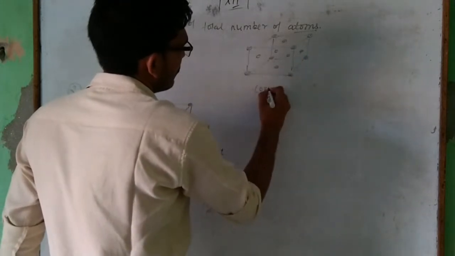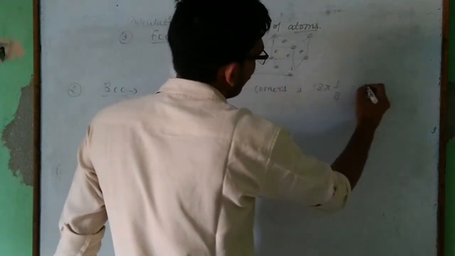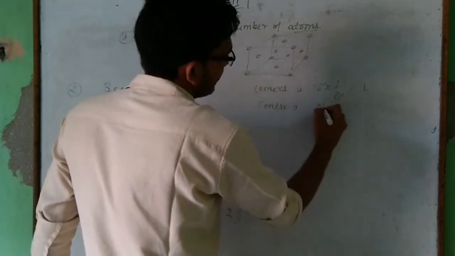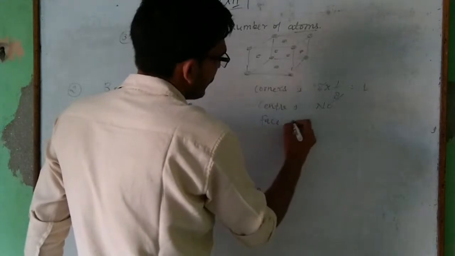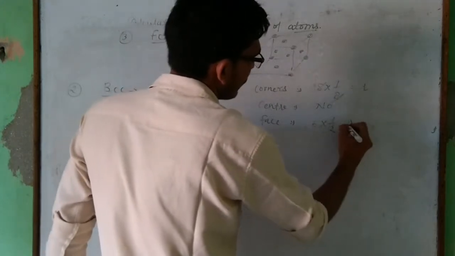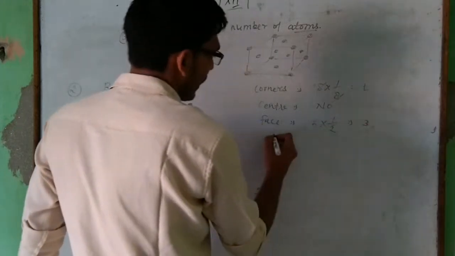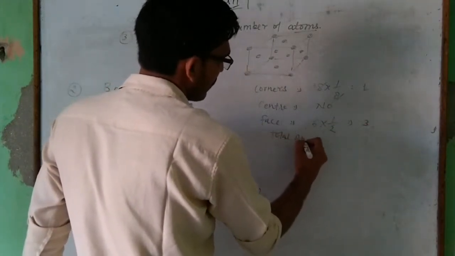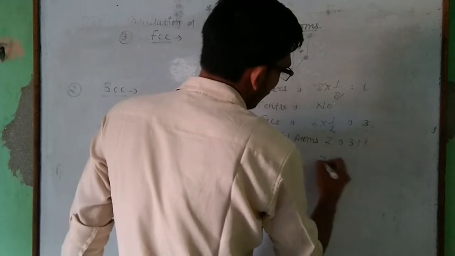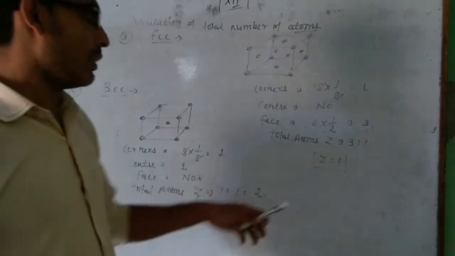So corners equal 8 into 1 upon 8, equal to 1. Center, there is no center. Face: 6 faces, 6 into 1 upon 2, because you can see only one part of a side, so here it is 3. Total atoms Z equals 3 plus 1, so Z equals 4. So the total number of atoms present in FCC is 4.